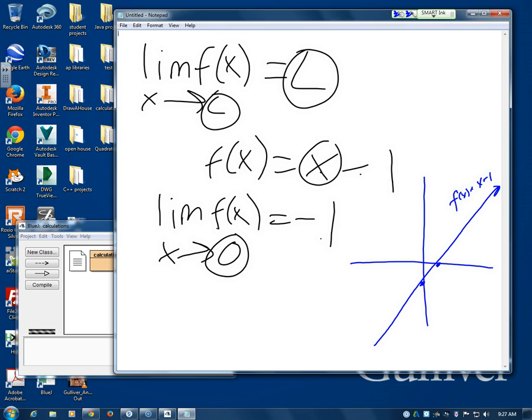As x is approaching 0 from either side, like a -1. These are all x's and y's, they're all points, they all have an x and y. As it's approaching 0 from both sides, you're saying that the y coordinate is -1.